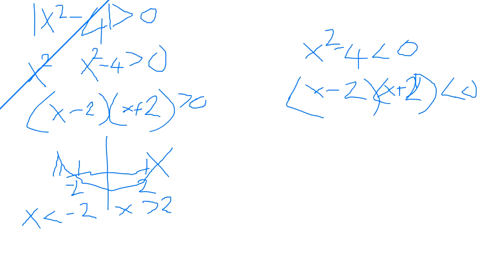So here, if we draw our graph, it will be like this. It will be from minus 2 to 2. And because it's less than, it will be in the middle here. You see that?